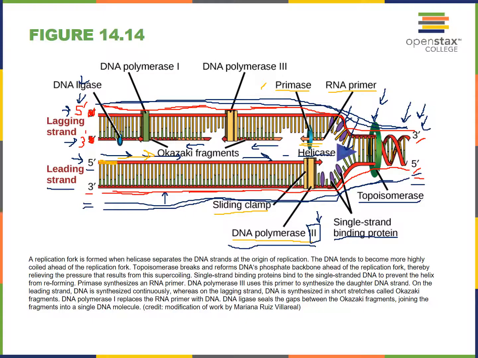The fork itself is pretty packed. And for that reason, Okazaki fragments are made. These Okazaki fragments are about 200 nucleotides long. Since the lagging strand is made in this direction using fragments, it's synthesized away from the fork, but still 5' to 3', in pieces or in fragments.